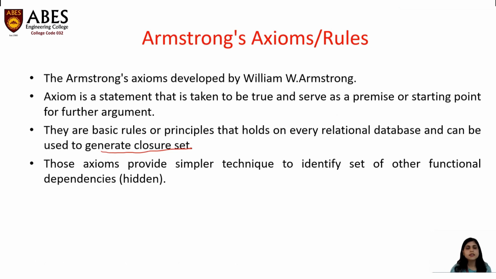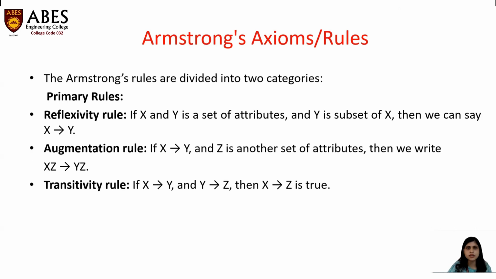So these are the basic fundamental rules with the help of which we can understand the concept of closure and have a better understanding of functional dependency as well. So let's see what the different types of Armstrong rules are. The Armstrong rules are basically divided into two categories. The first category is called primary rules, and there are three rules that come under the primary rules.